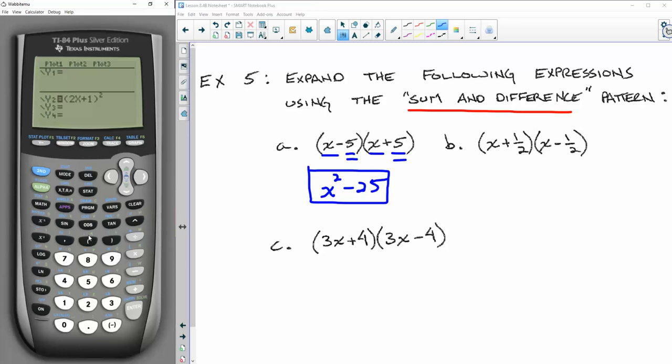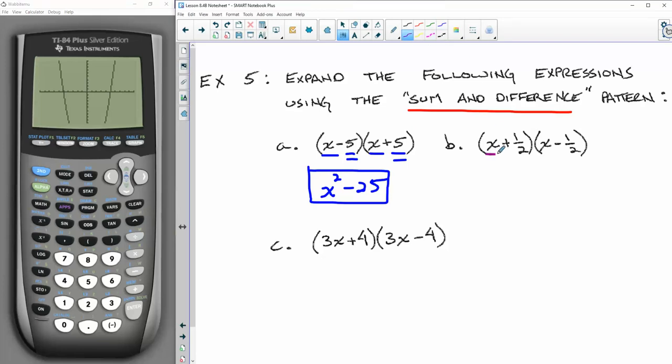Let's try it. X minus 5 times x plus 5 is x squared minus 25. There we go. Same tables, same graphs. -5, +5 for the roots. Notice that.